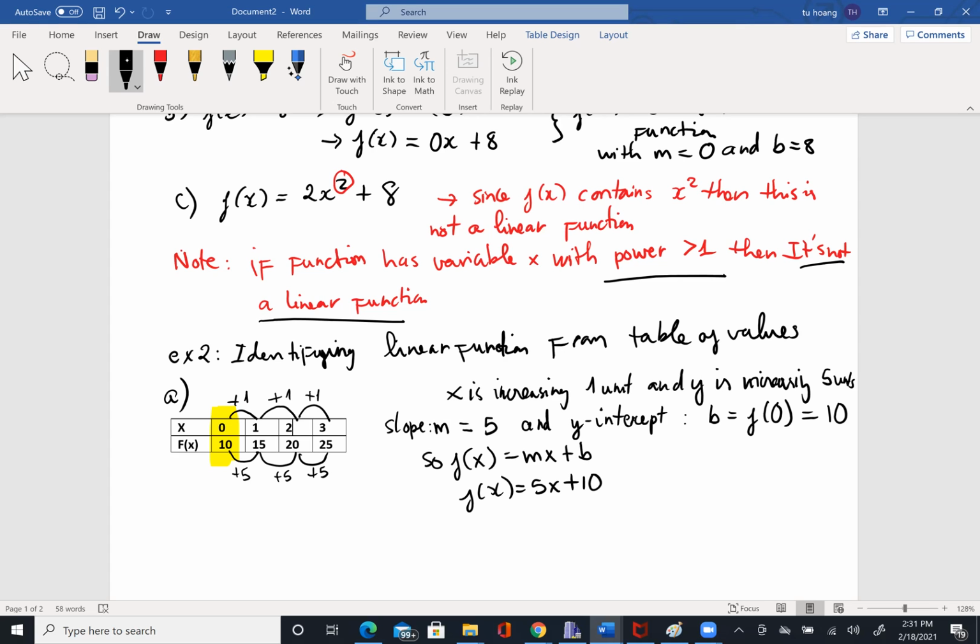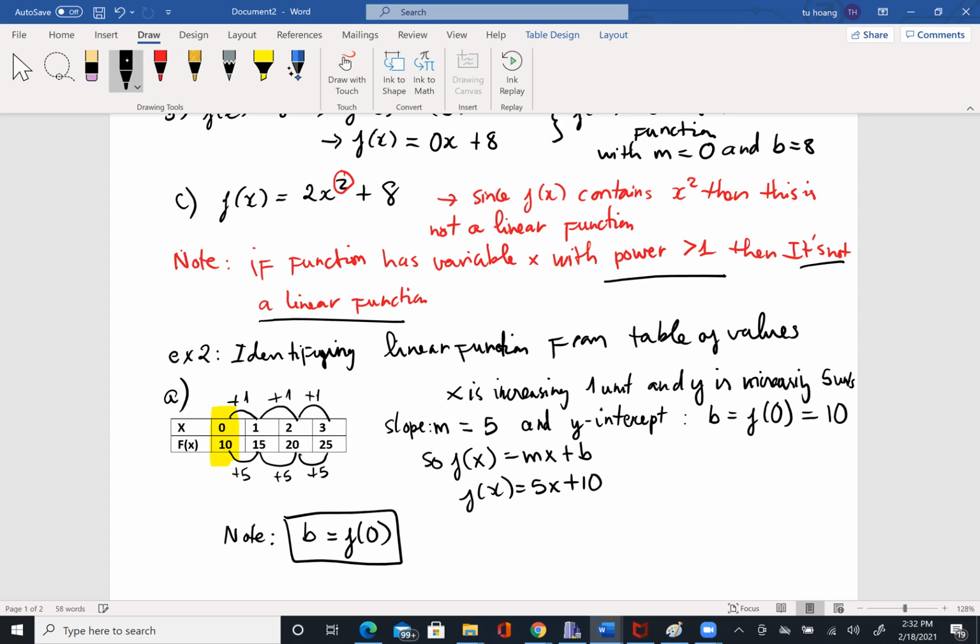Okay, so note for after this exercise, you should know that b is going to be equal to f of 0.